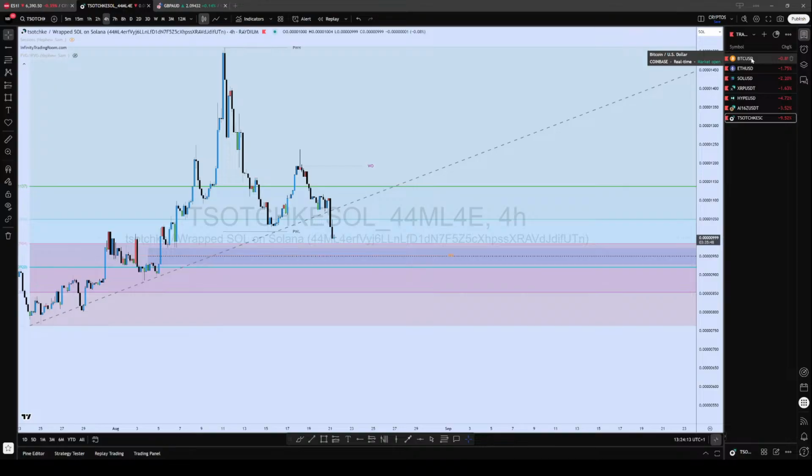Is to always look at the higher time frame. Look at the weekly time frame and see what price is trying to do on the weekly time frame. Then you transcribe it into the lower time frame. You apply the time of the day, day of the week, and then sessions, and then you're good to go.